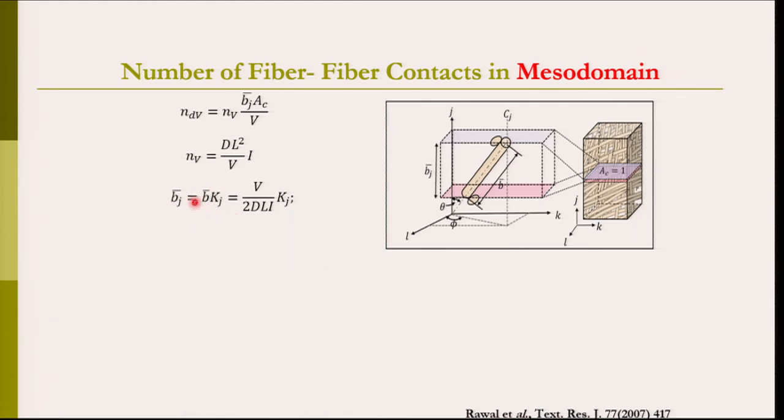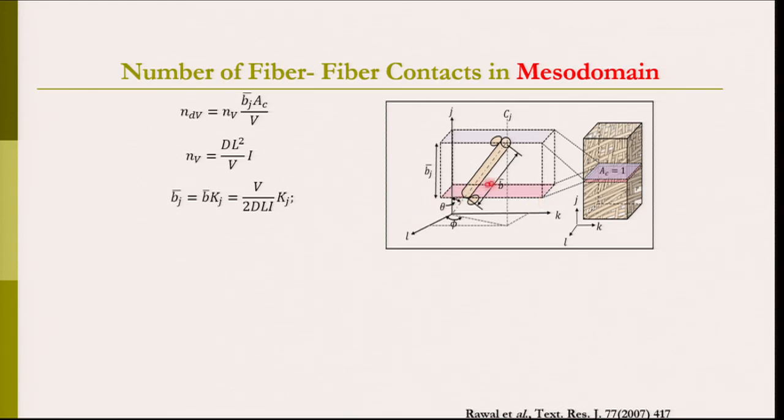So, B bar we have actually calculated, expressed in terms of d by 2 Vf I into Kj. Kj is the directional parameter which represents the projection of the fiber element between the two contacts on a defined plane or on a defined direction.